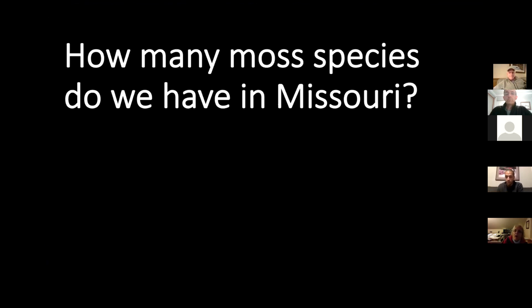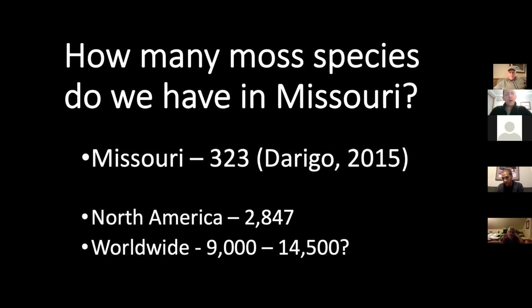So if we were doing this in person, I'd have pop quiz time, but since I can't do that, I'll just tell you how many moss species are in Missouri. Right now, the latest literature says we have 323 species of mosses recorded in the state. That was back in 2015.